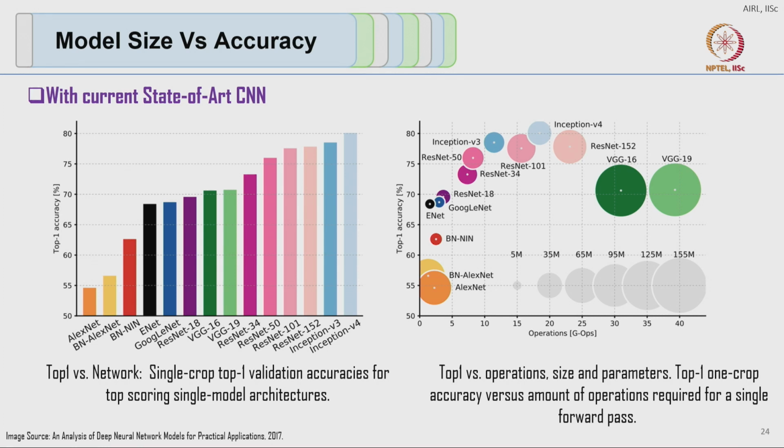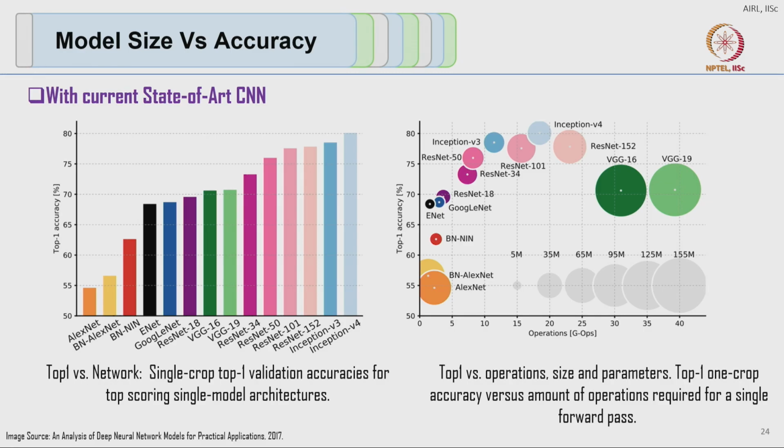You have to have an idea. If the number of parameters is higher, you need more data, and with more data, more time it takes to learn, but better its performance is. That's the thing you need to understand: model size versus accuracy. Then again the question comes, we are talking about drones.